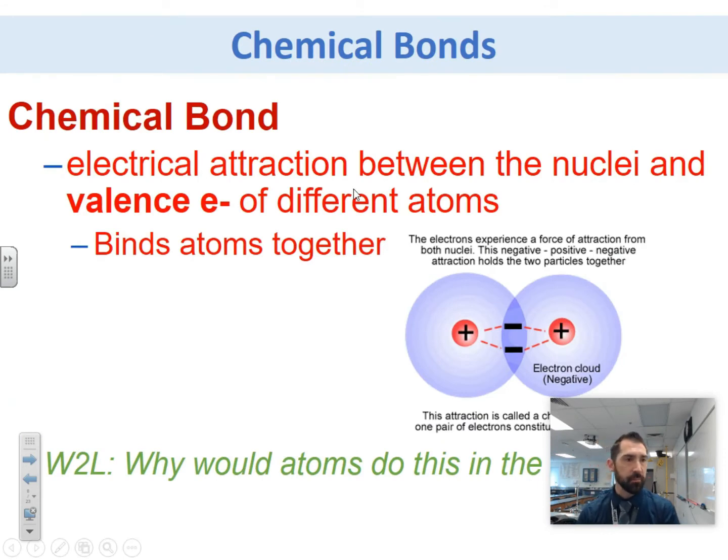So to quickly define it, a chemical bond is the electrical attraction between the nuclei and the valence electrons of different atoms. So notice down here we have sharing of electrons. If you think back to the synchronous lesson, this is a covalent bond. This nucleus here is going to be hydrogen because I see 1 proton, and so atomic number 1 is hydrogen.